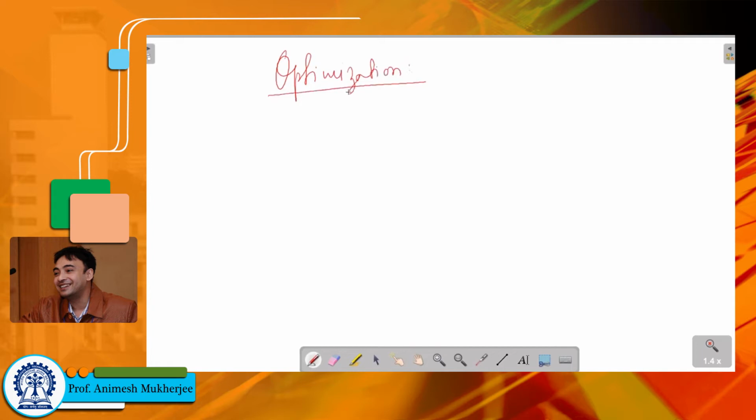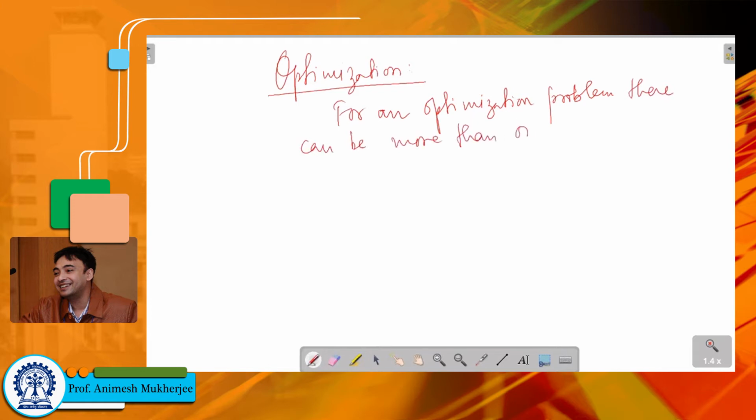So what do we mean by optimization? For an optimization problem, there can be more than one candidate solution for an instance.